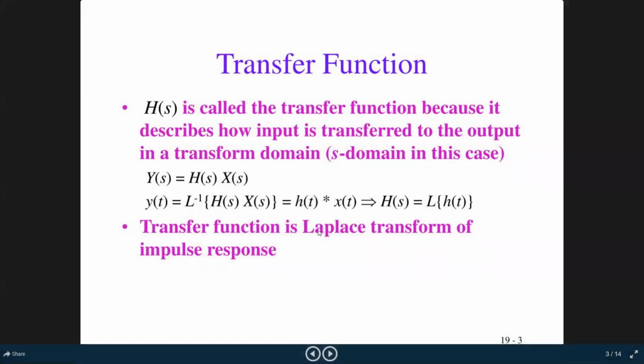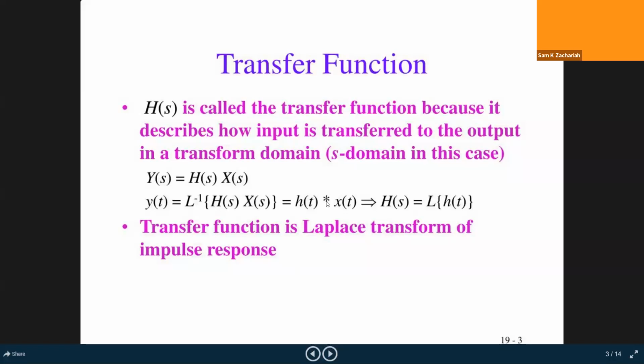So there is a definition for transfer function. These are another way to write the input-output response. You can see the difference. In the time domain, you are writing yt is equal to ht convolution xt, whereas in the frequency domain, you are writing Ys is equal to Hs into Xs, where capital Hs is the Laplace transform of small ht, and all other things are Laplace transform pairs.